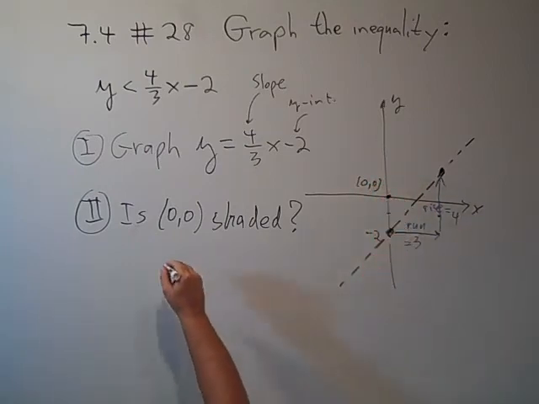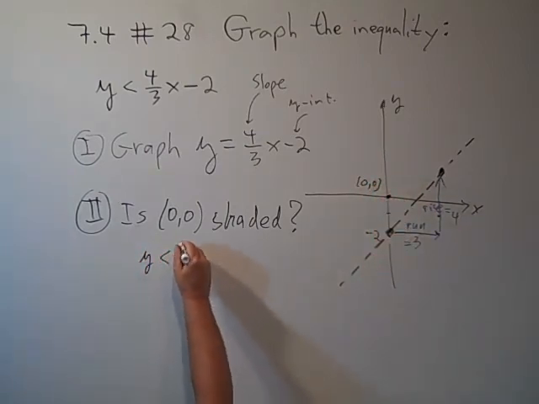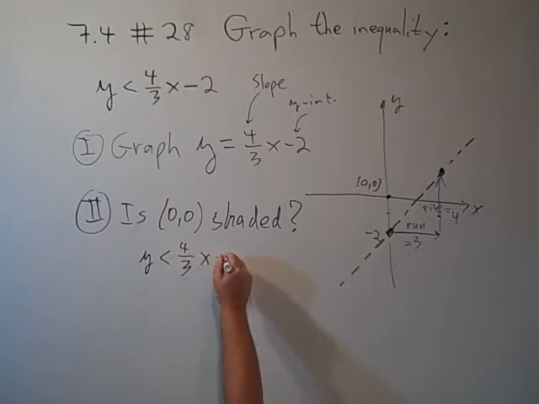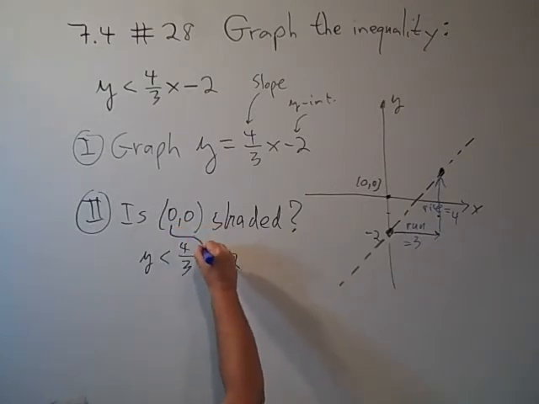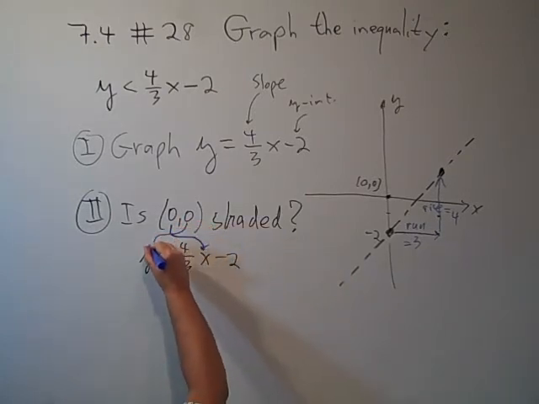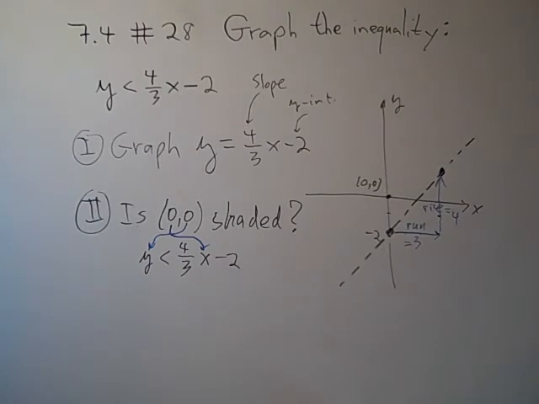So we answer that by plugging those values into the original inequality, substituting 0 in for both of the x and y values here. We end up getting 0.